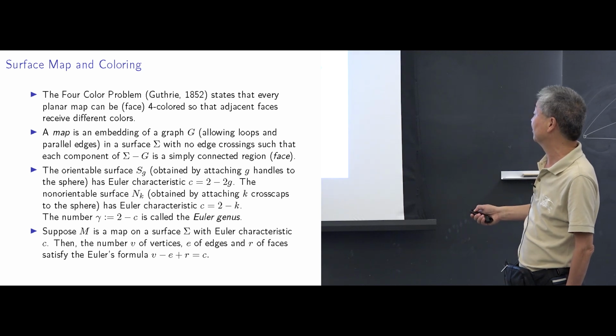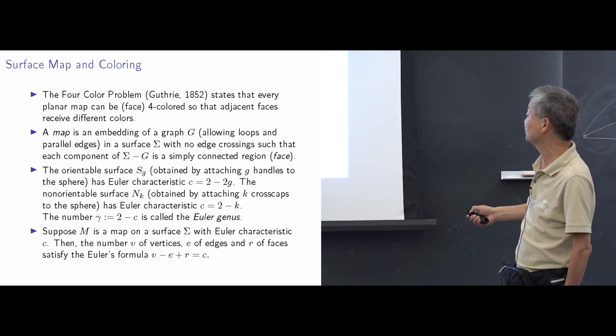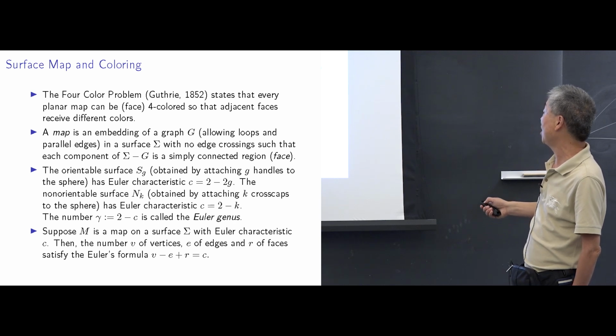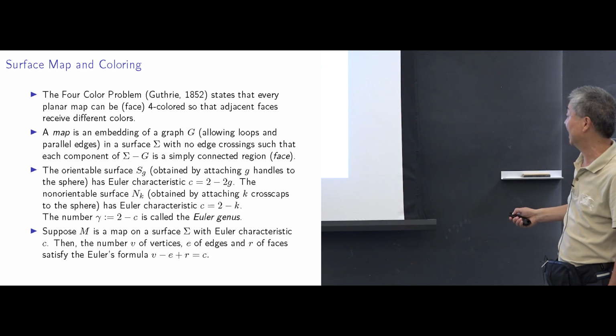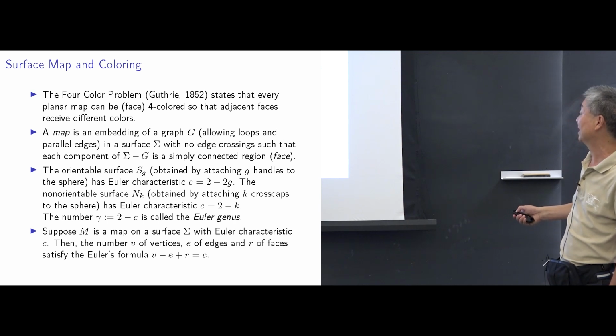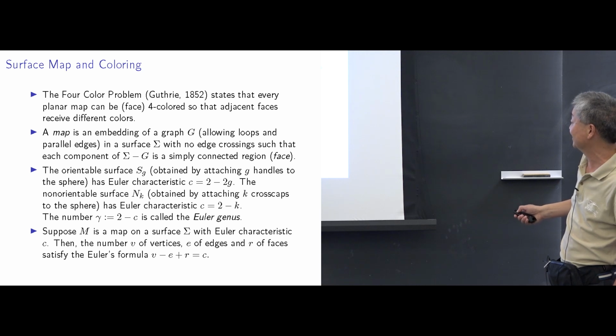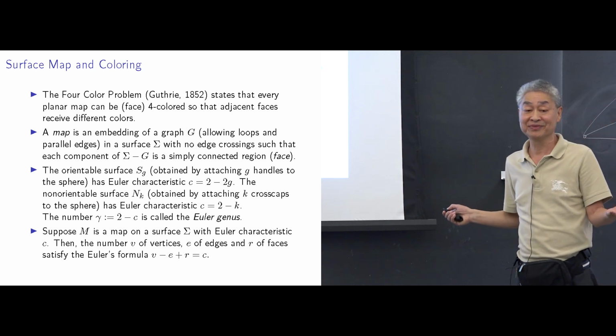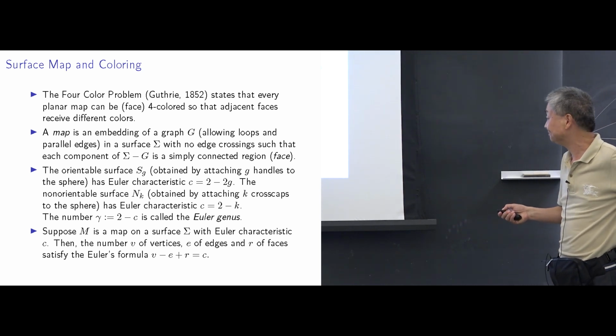And for the orientable surface of genus G, the Euler characteristic is equal to 2 minus 2G. And for a non-orientable surface with K crosscaps, then it is equal to 2 minus K. And sometimes people just define 2 minus the Euler characteristic, denote that by gamma. I just call this the Euler genus for convenience, okay?